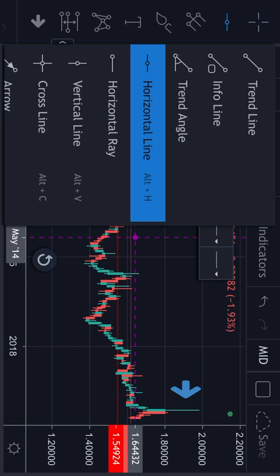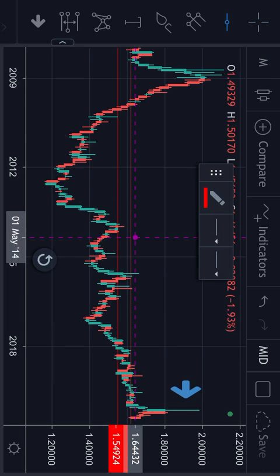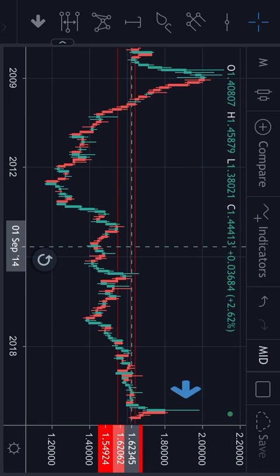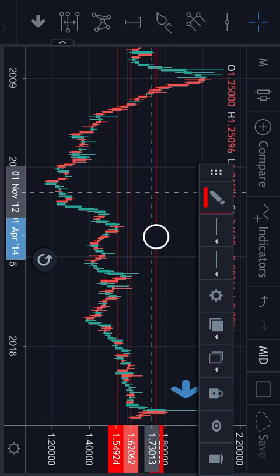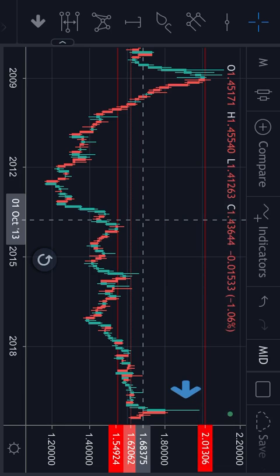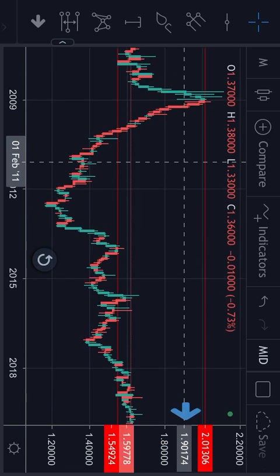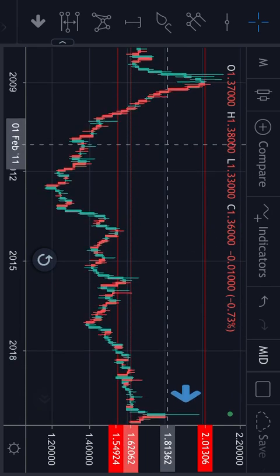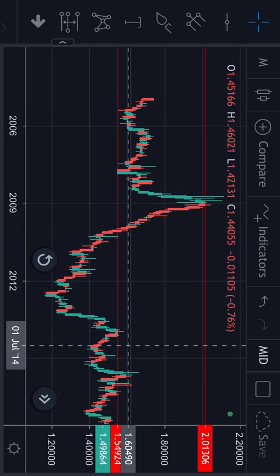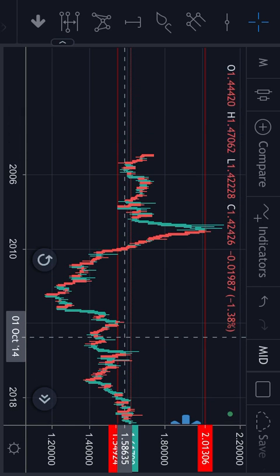So previously to that, let's see, there was horizontal line. So like right here. So in this area right here, if only I can make this a little bit smaller, condense it. Let's see.